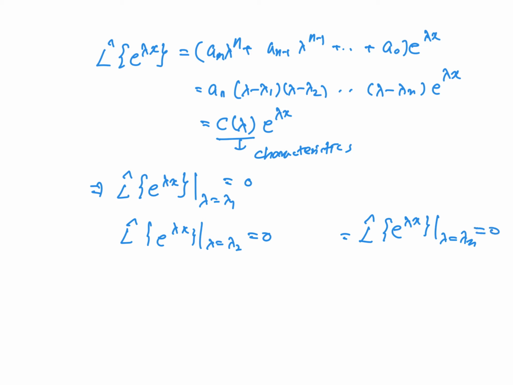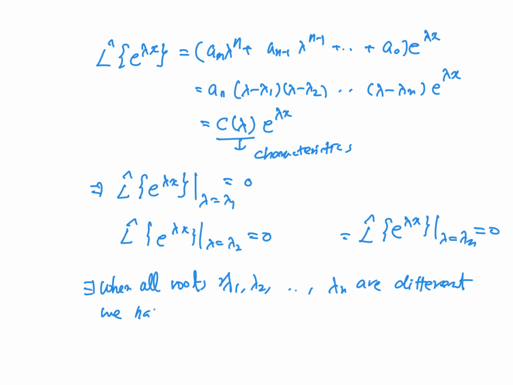So when all roots are different, that means when all roots lambda 1, lambda 2, up to lambda n are different, we have n independent solutions.